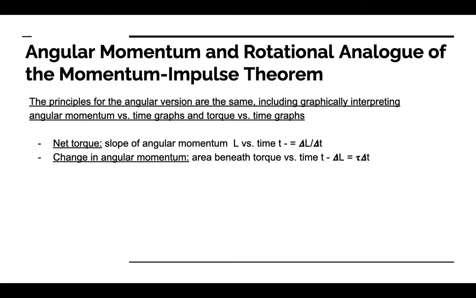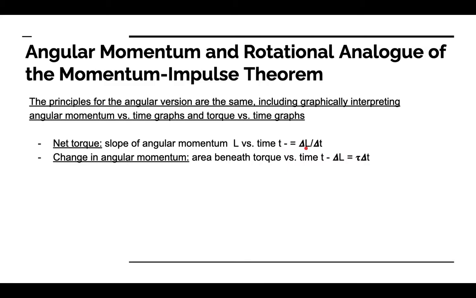variables. So if we want to graphically interpret angular momentum versus time graphs and torque versus time graphs, we apply the same principles as we applied for linear momentum versus time graphs and force versus time graphs. The same way that the net force acting on an object can be calculated as the slope of the linear momentum versus time graph, we can also calculate the net torque acting on an object by calculating the slope of the angular momentum versus time graph.